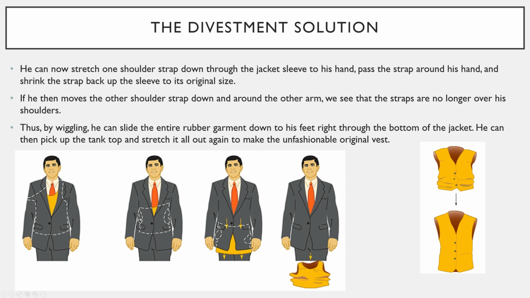If he then moves the other shoulder strap down and does the same thing, we see that the straps are no longer over his shoulders. And thus by wiggling, he can now slide this underneath his vest and down his pants. He can then pick the tank top back up, stretch it to the original vest shape. And so that's how you can do it.